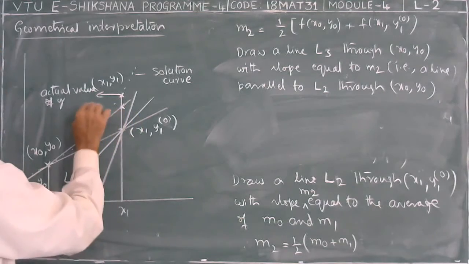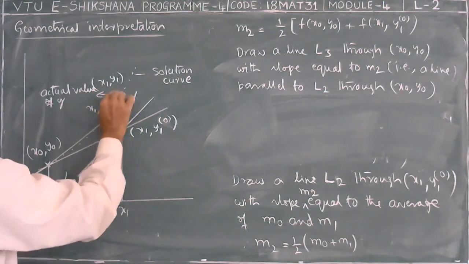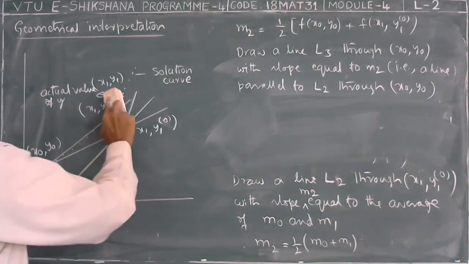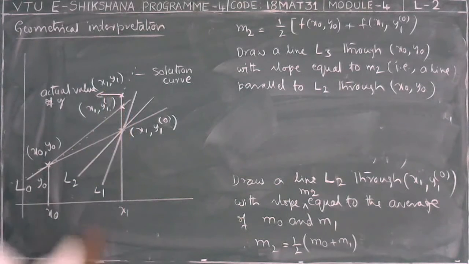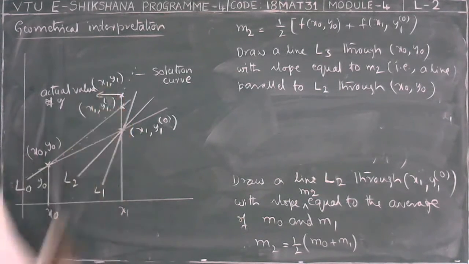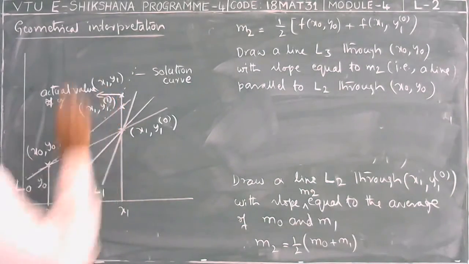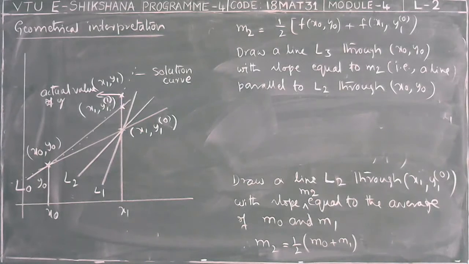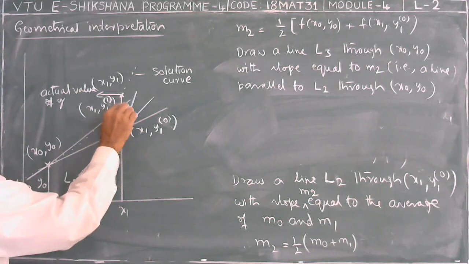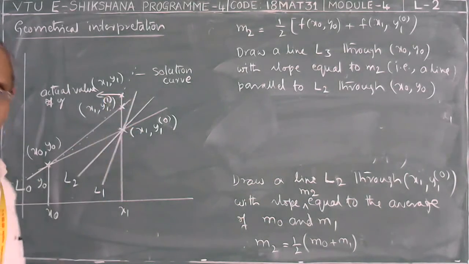So at this point, let us call this x1, y1 1. Now as you see, this value is close to the exact value compared to the one determined by Euler's method.